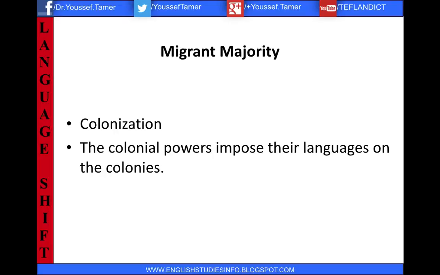But still, the colonizers imposed French so much that we still feel the presence of French up to nowadays, even though the colonizers left the country after independence. So this is what usually happens in that kind of context.